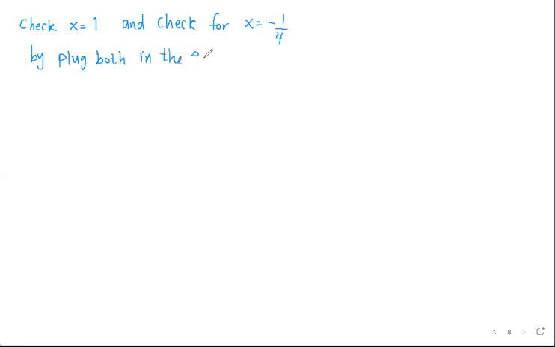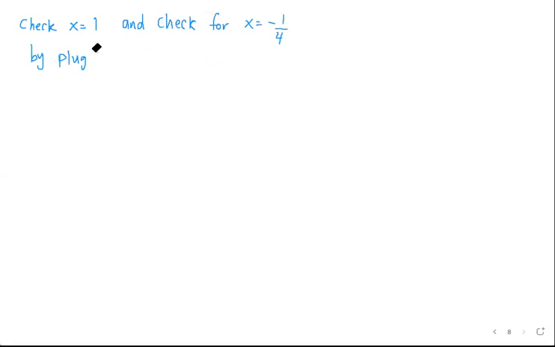I keep it as an exercise: check x equal 1, and check for x equal minus 1 over 4. Just plug each one inside the equation, not both at the same time.